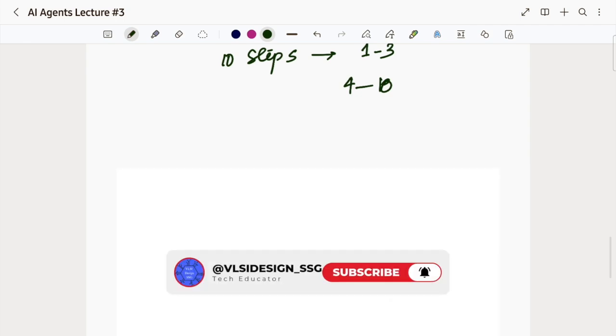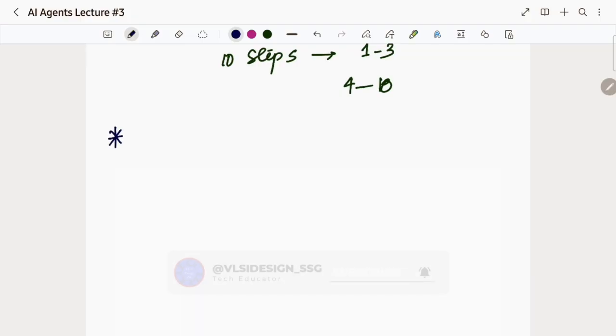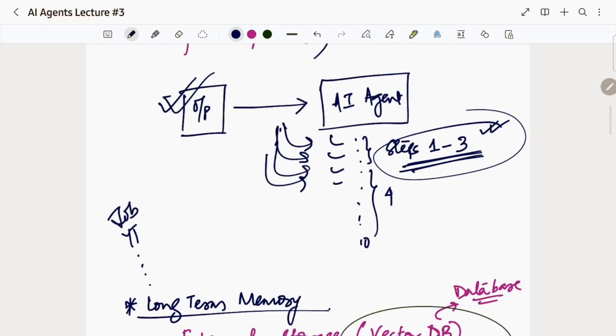Now the fourth member of our team is what? Tools. So what are these tools? These tools are nothing but the hands. And what is this memory?